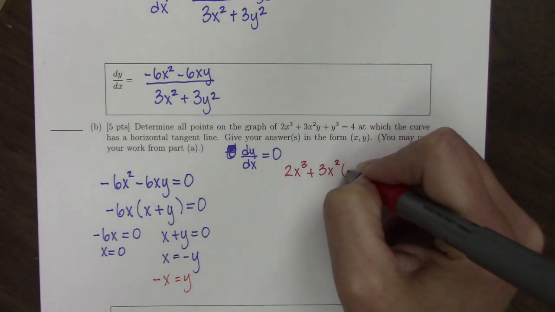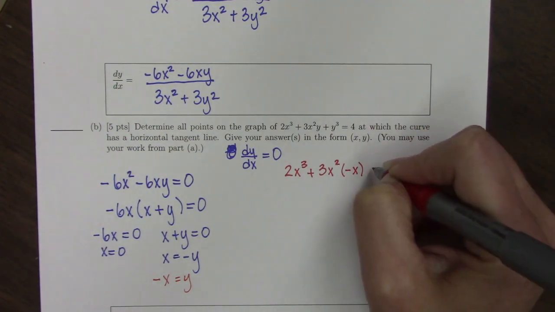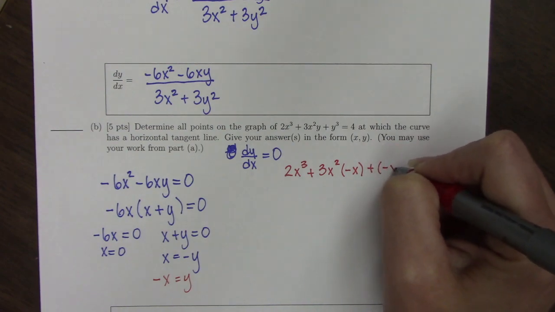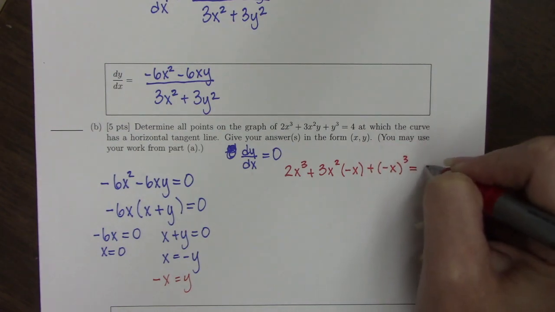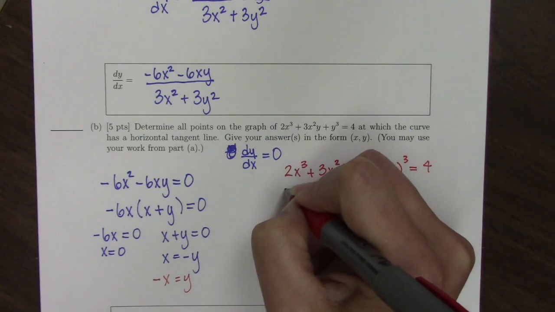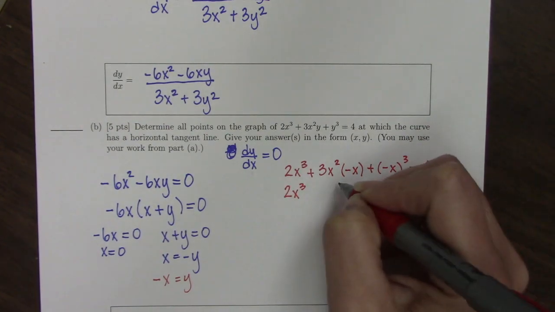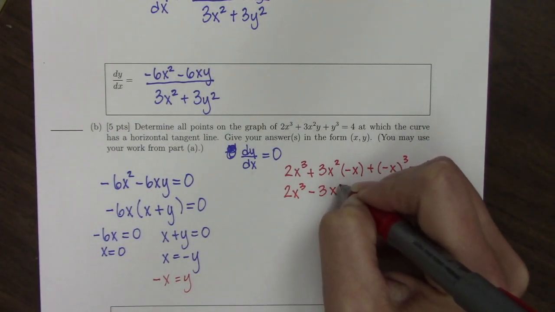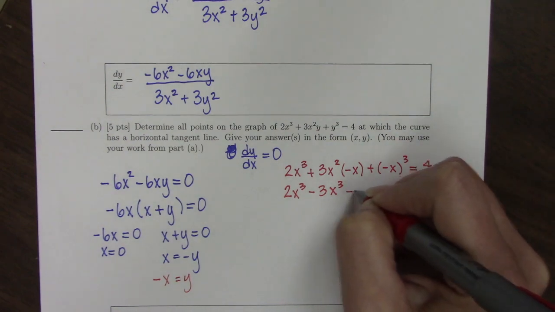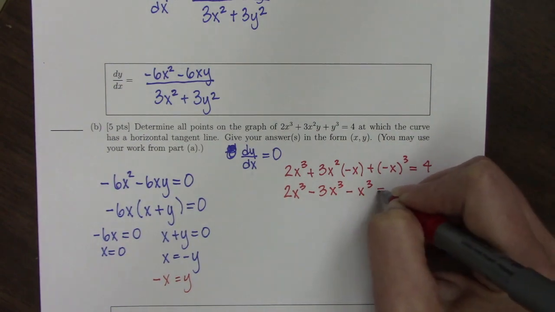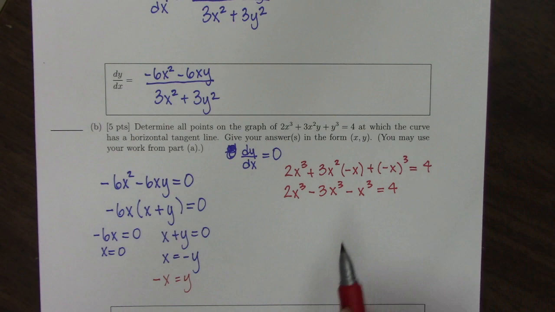So I'm going to plug a negative x into this equation everywhere I had a y, and I'll get 2x cubed minus 3x cubed minus x cubed equals 4.